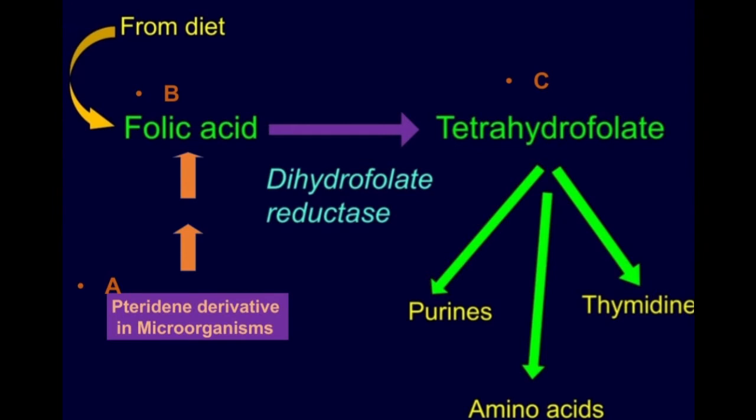Okay, so just again to refresh your memory. There are 3 things on this slide: A, B, and C. C is the biologically active form, tetrahydrofolate.